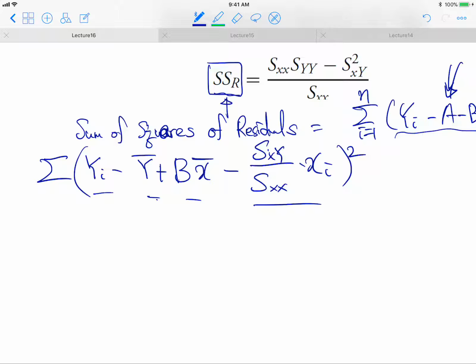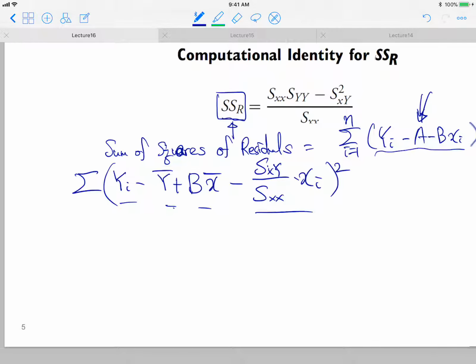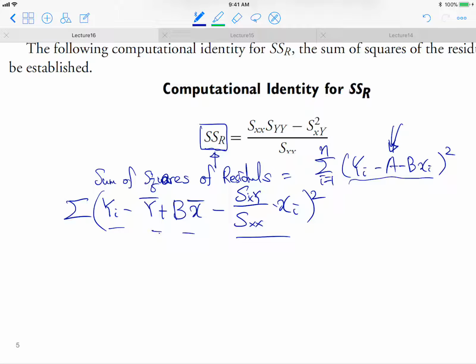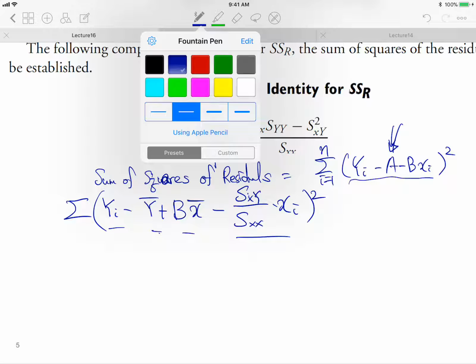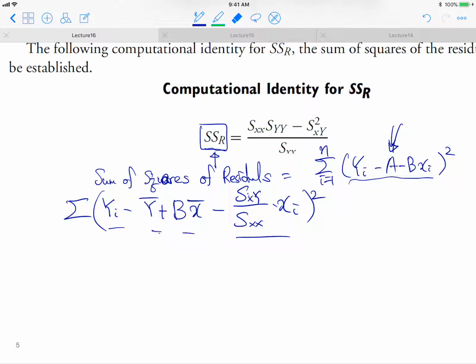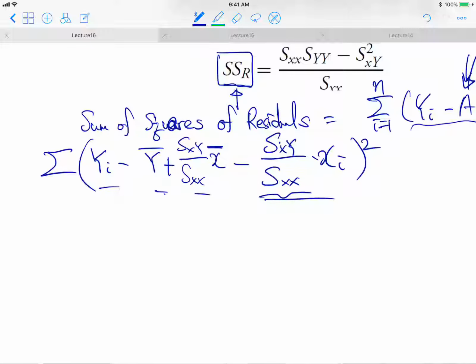But in this case, let's plug this B in as well. And what was B? This guy is B, Sxy over Sxx. So this was B and x bar, right? And then from here we can see x bar and y bar.